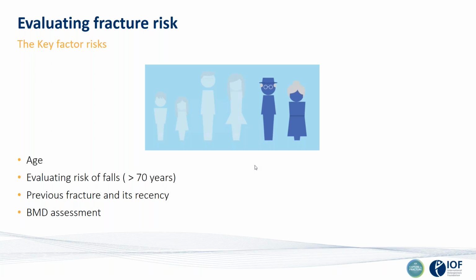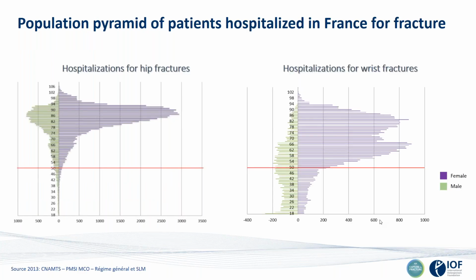The second one is evaluating risk of falls, and it is very important, at least for patients that are older than 70. And then the history of the patient with previous fracture and the recency of the previous fracture. And the fourth one is BMD assessment.